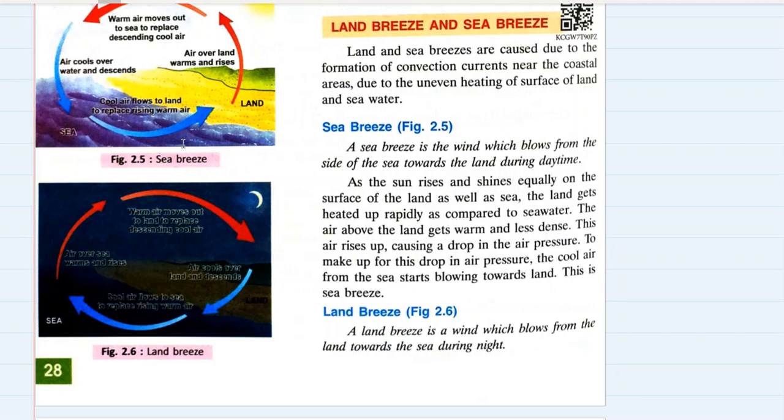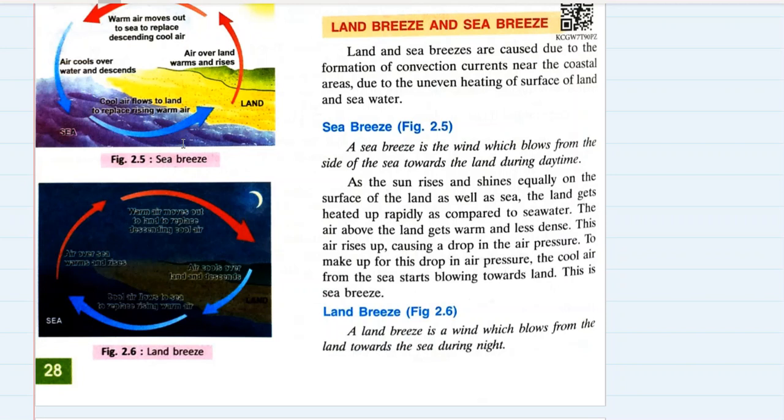Land breeze occurs during the night time. At night after sunset, the sea or any water body or river has absorbed a lot of heat during the whole day, so it is still warm, but the land cools down quickly. So the air above the sea is still warm, so it rises, and to take the place of the air above the sea, the cold air from the land side flows towards the seaside, right?